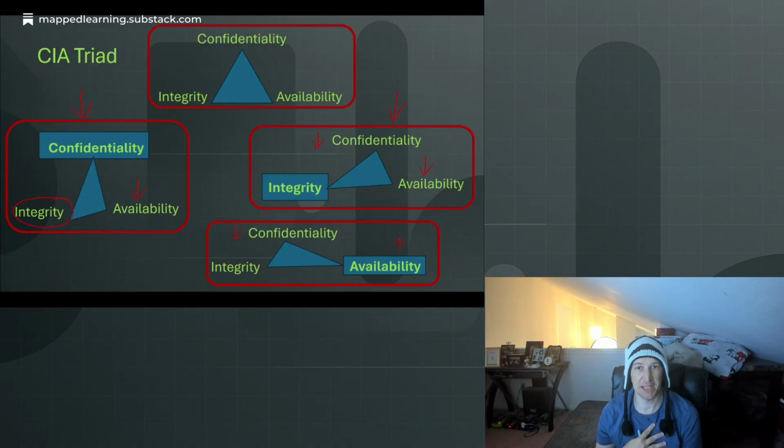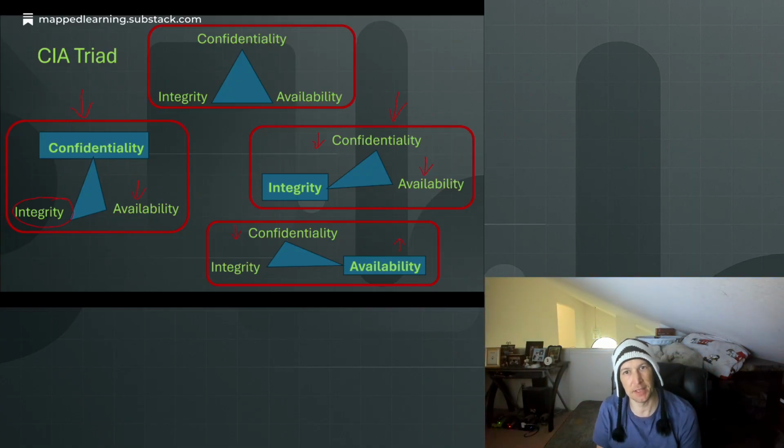However, if something happens to me negatively, I go outside and I get hurt and I'm not well, I have to go to the hospital or whatever. Well, what is the availability of the contents of the safe if I'm the only one that knows the combination? Well, there is no availability. Nobody would be able to open it.